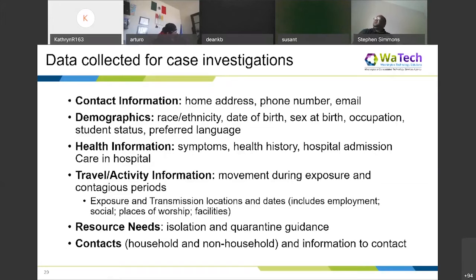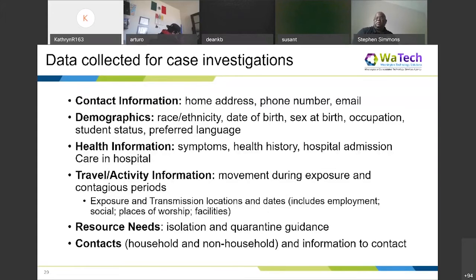And then other information that's collected is where the person might have been during the exposure or contagious periods, which includes locations like where you work, places you might have been socially, places of worship, and facilities, including high-risk facilities like long-term nursing facilities or hospitals or jails.